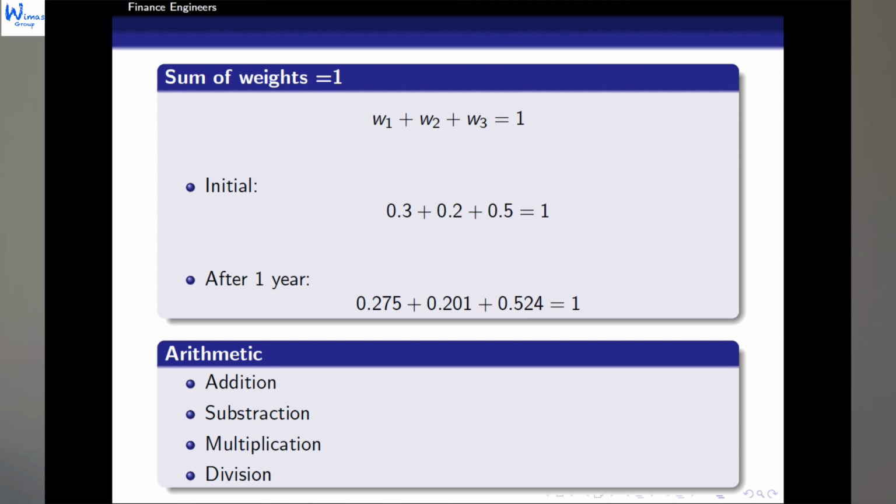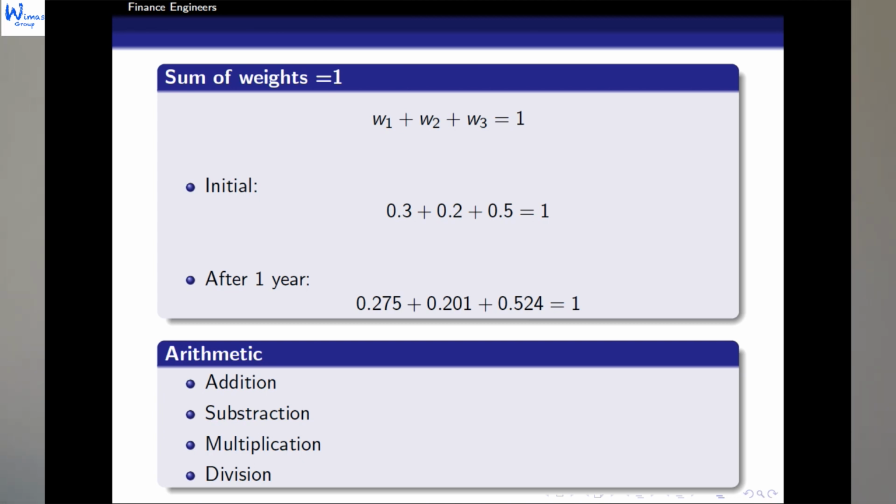Here we have only 3 assets, which is easier to compute by hand, but when you have thousands, a lot of data on paper, it's not easy. But we have to understand the theory behind it in order to make the practice easier.